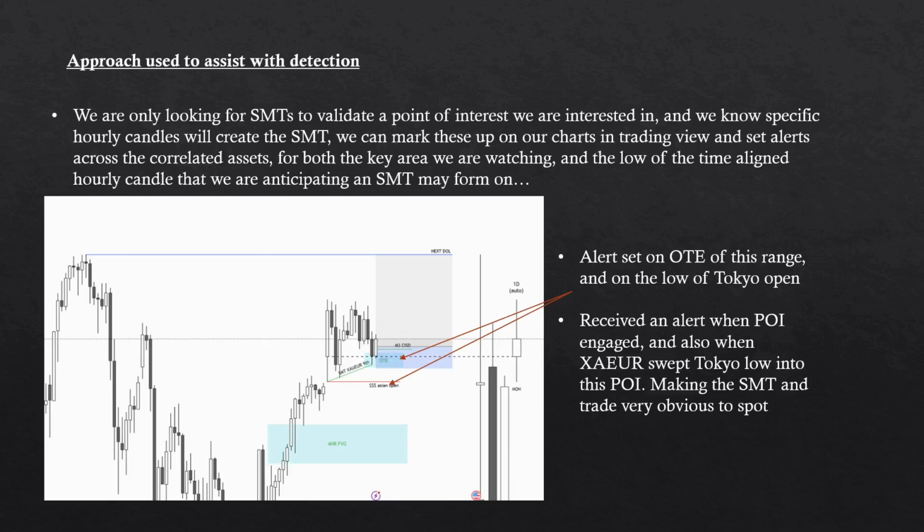An SMT has formed versus XAUEUR with the Asia open low. So what you can do is set an alert on the OTE. Once that gets hit, you get an alert telling you to pay attention to the chart, and then you get another alert when the SMT forms. Once you've seen that happen, you can drop down to the lower time frame and look for further validation to take the entry.